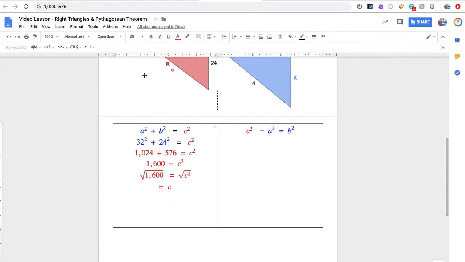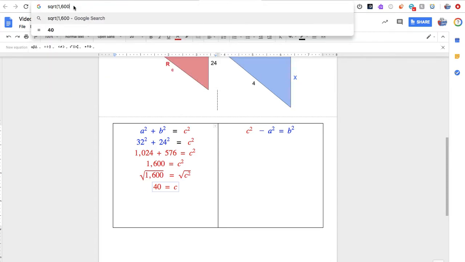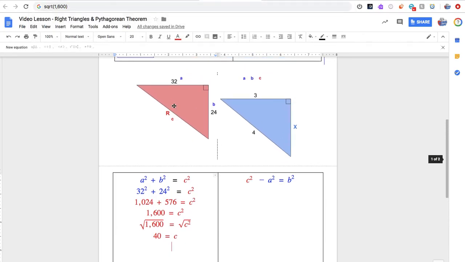And we know that the square root of 1,600, if you knew the square root of 16 is 4, you might know the square root of 1,600 is 40. If I didn't know that, I could use a calculator and ask what's the square root of 1,600. It's 40, because 40 times 40 is what gave us 1,600. I look at this triangle, 40 seems like a reasonable answer with this side at 32 and that side at 24.